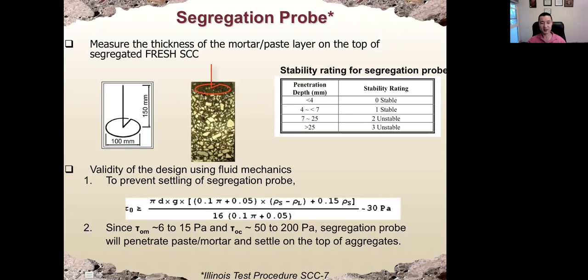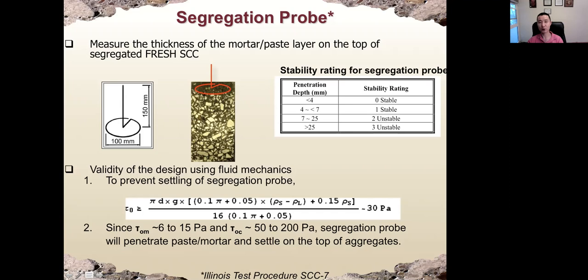This is designed based on fluid mechanics. The yield stress of the suspension, either mortar or concrete, should be larger than 30 Pascal to prevent the settling of the segregation probe. For SCC, the yield stress of mortar is less than 15 Pascal, and the yield stress for concrete is more than 50 Pascal.